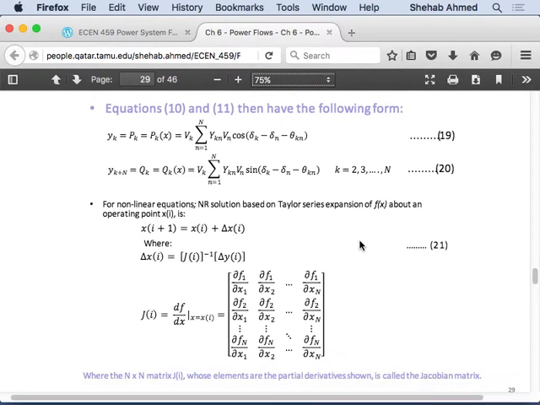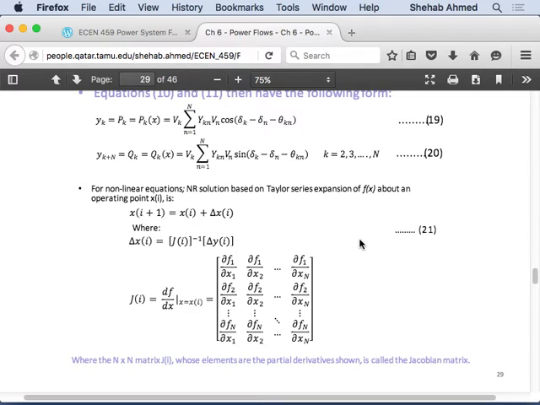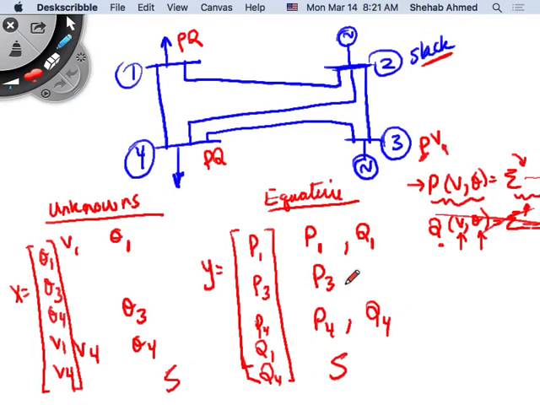So what we will need to do is the following. If I've now constructed this y equals f of x system, the first thing we do at the first iteration is plug in a guess for the V's and the deltas on the right-hand side, right?